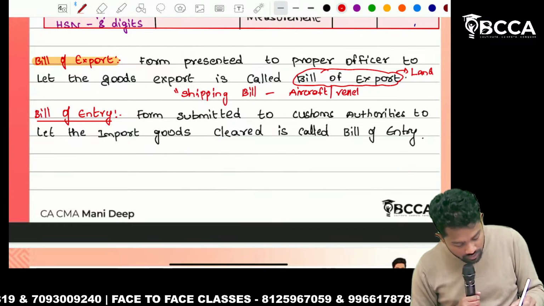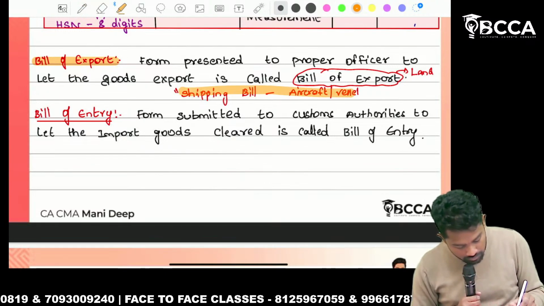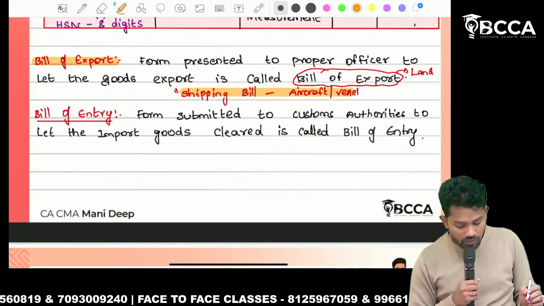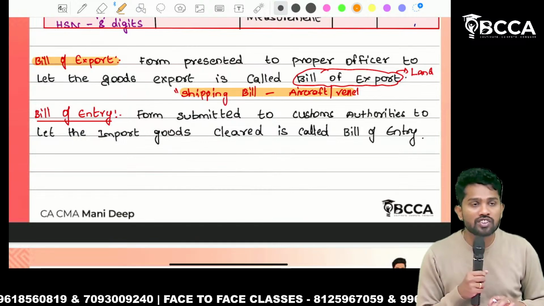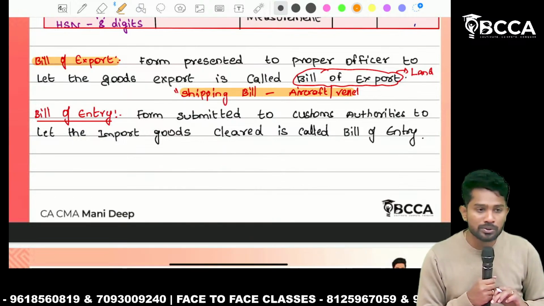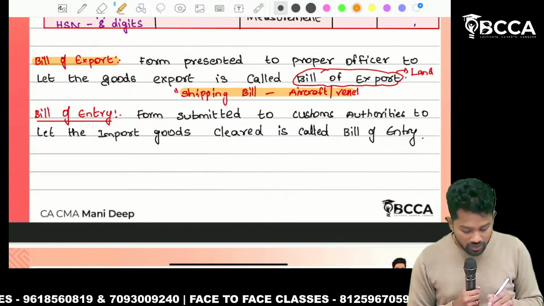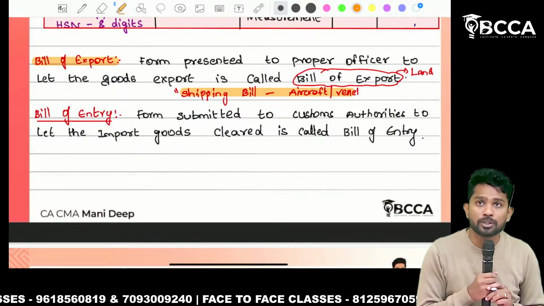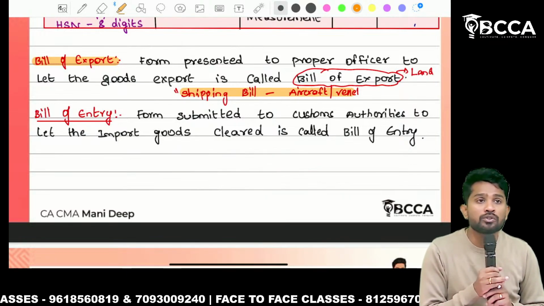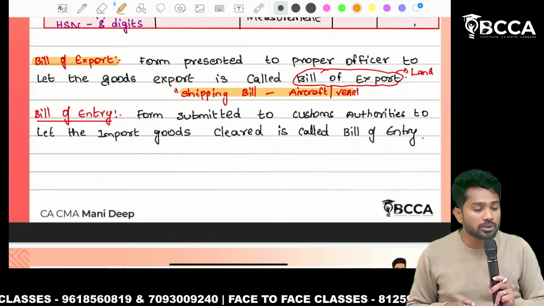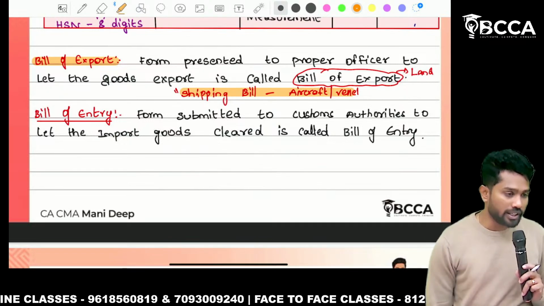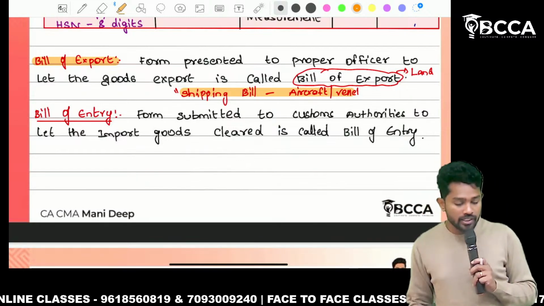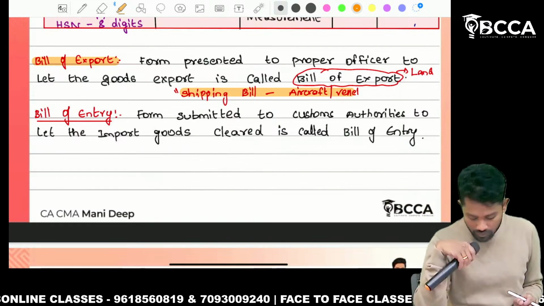Bill of entry is common, whether you import through aircraft, vessel or land route; it is bill of entry only. But bill of export is so called only when the goods are exported through a land route, and it is called a shipping bill when exported through aircraft or vessel.